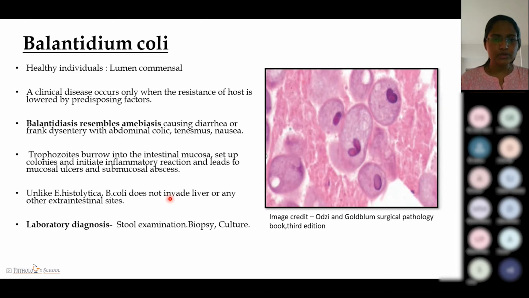Laboratory diagnosis is done by stool examination, biopsy, and culture. Here in this image of a bowel wall, it shows large-sized trophozoites with a kidney bean-shaped nucleus, and here cilia can be seen.